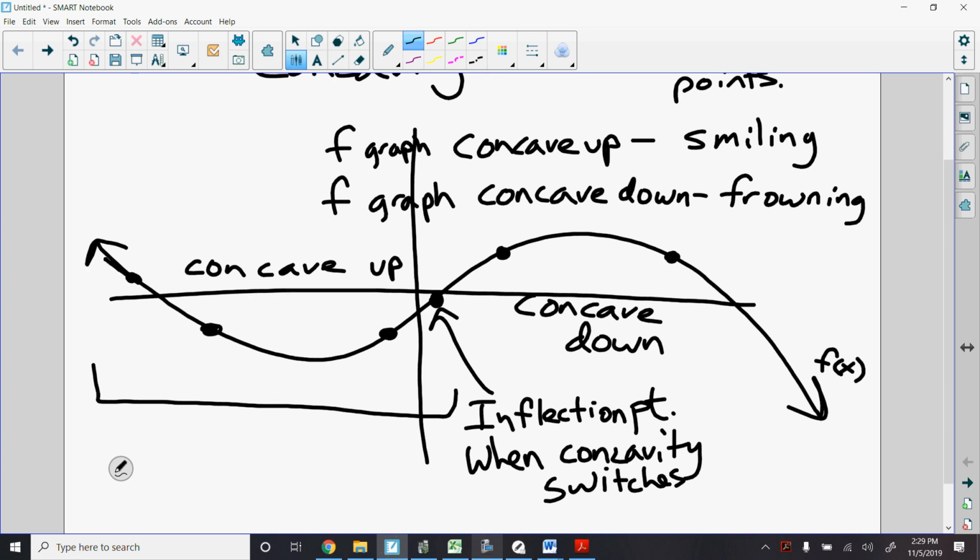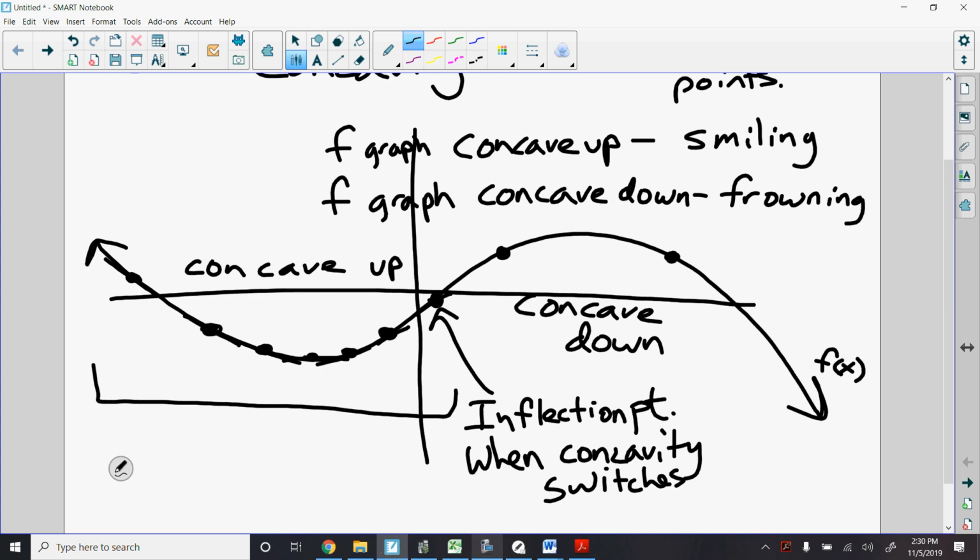Right here, my tangent line is negative and pretty steep. But notice how each subsequent tangent line, they're still negative, but they're getting bigger. They're getting closer to 0. And then I hit 0, and my tangent lines become positive, but they keep getting steeper and steeper.